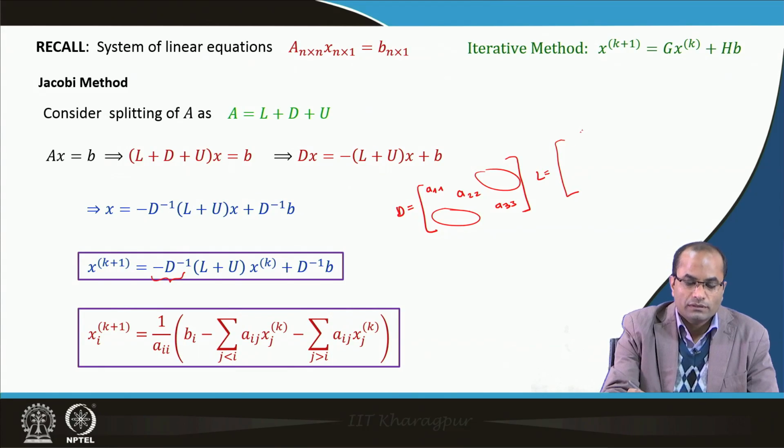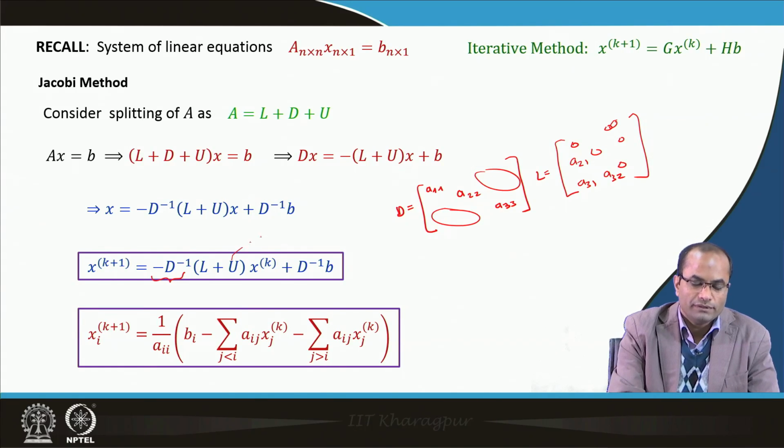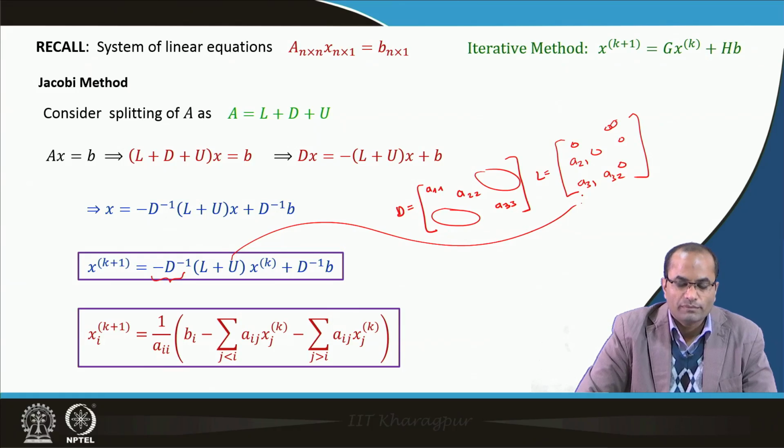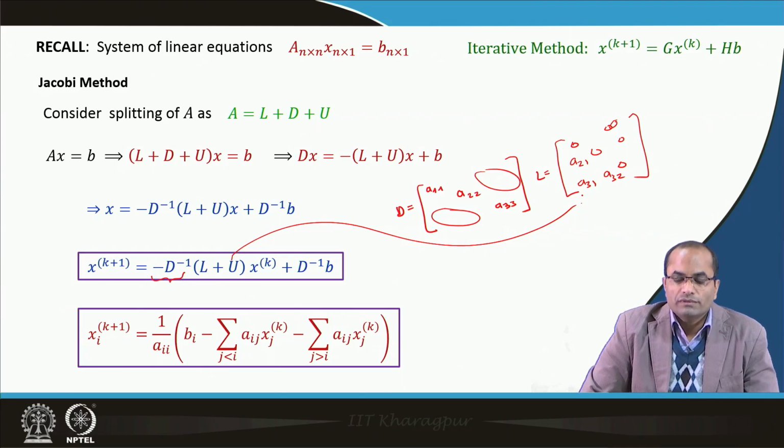L is the lower: it has 0 on the diagonal and also 0 entries above the diagonal, and only the terms A 21, A 31 and A 32 survive. Similarly, in the upper triangular matrix only the terms next to the diagonal survive, and all others are set to 0.